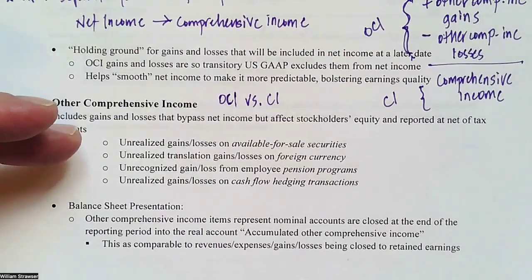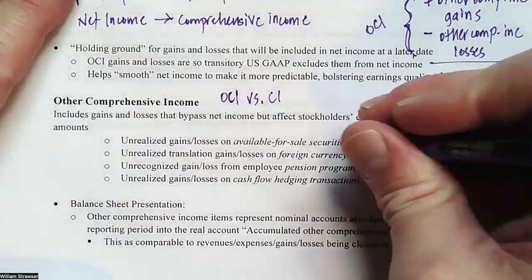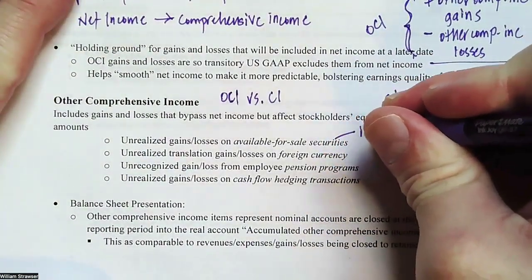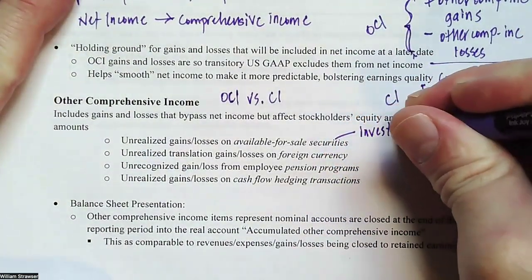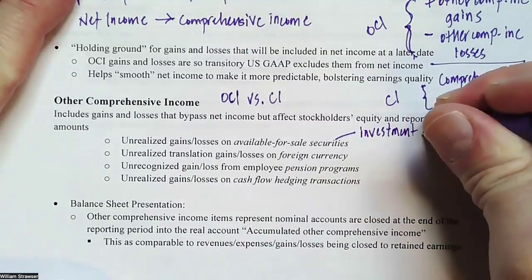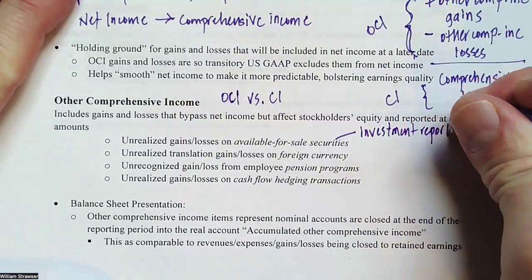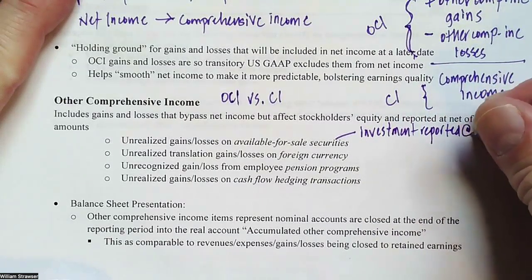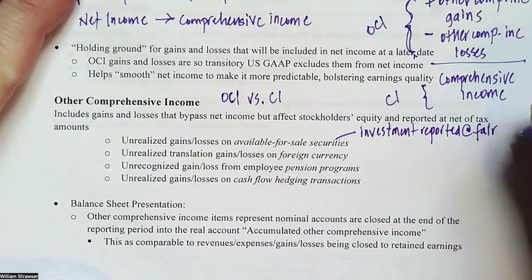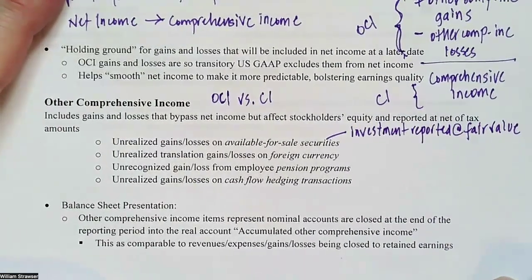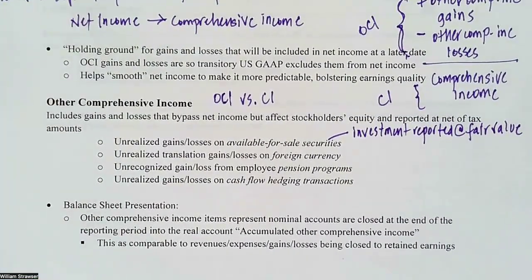We have unrealized gains and losses on available for sale securities. Available for sale securities are a type of investment that needs to be reported at fair value. And so at the end of the period, if we haven't sold those available for sale securities, if we're still holding them, they will have a different value than they had at the beginning of the year or the beginning of the quarter.